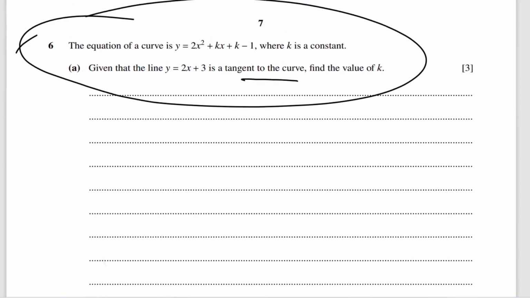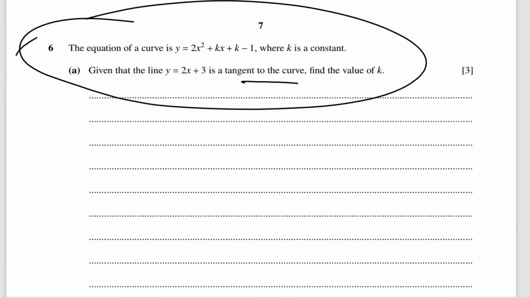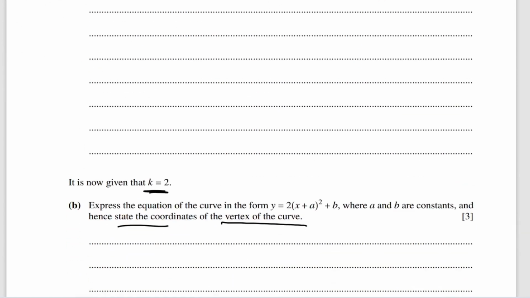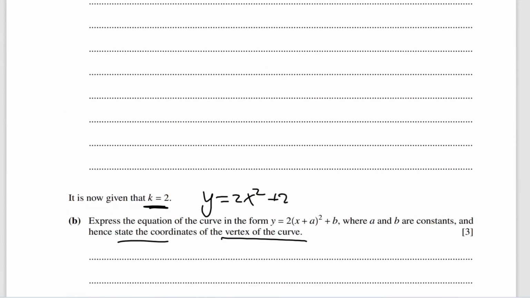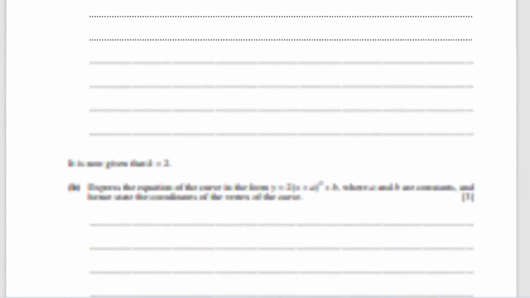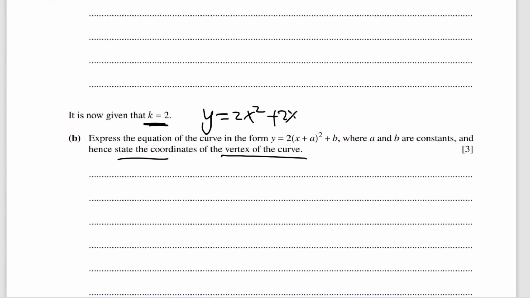Well, the quadratic is 2x squared, but then we have kx. So k is 2, so we have 2x. And then we have k minus 1, right? So we just have 2 minus 1.